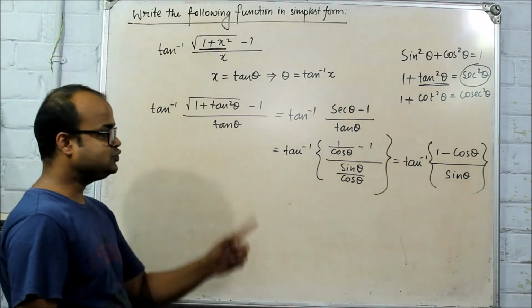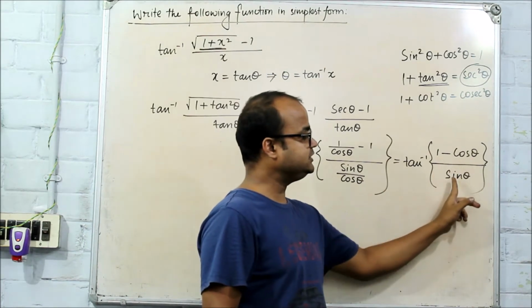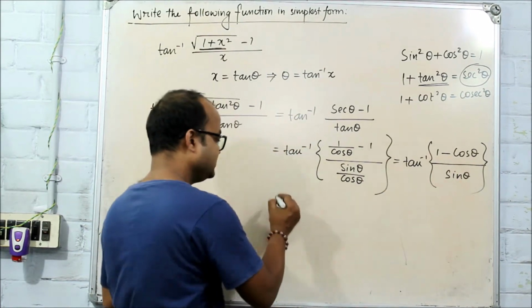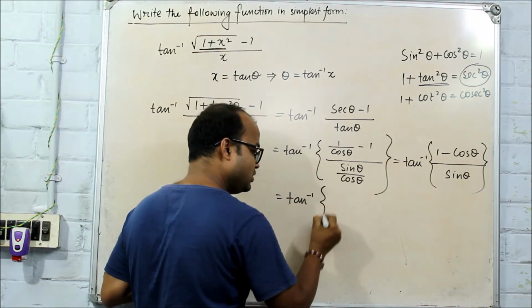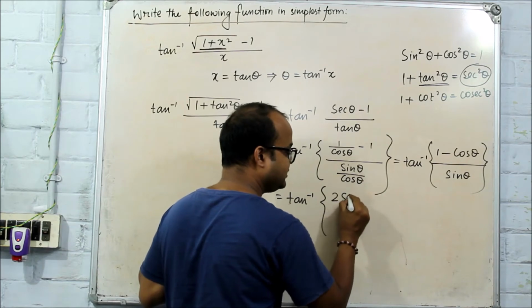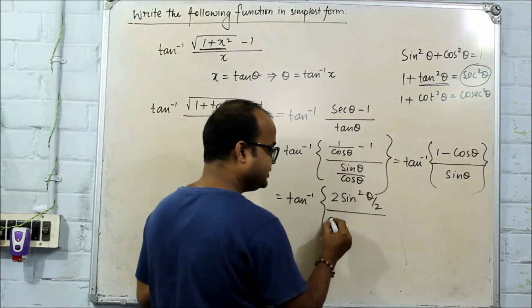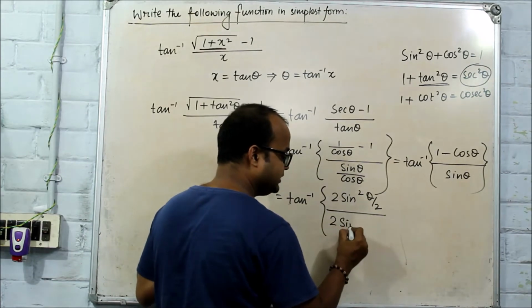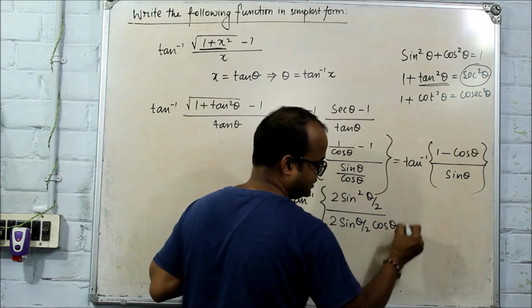Now I am going to apply the formula of 1 minus cos theta and sin theta. So tan inverse, the formula for 1 minus cos theta is 2 sin square theta by 2, and the formula for sin theta is 2 sin theta by 2 cos theta by 2.